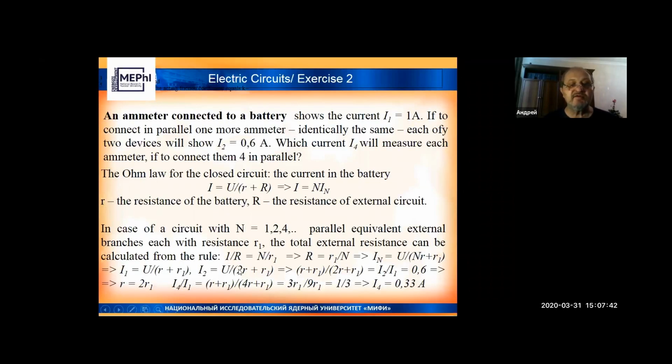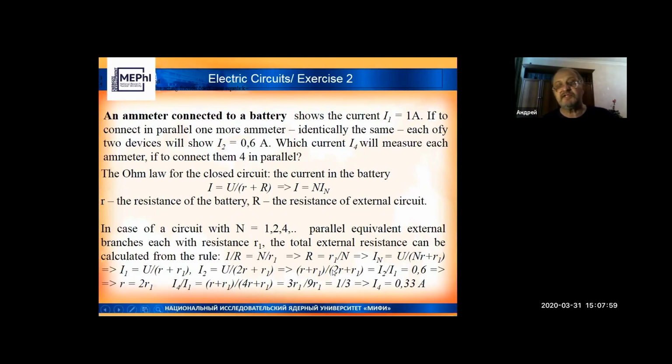Now I may take the ratio of currents, for example, I2 and I1. It will be equal to the ratio of resistances. And out of this equation, I know the ratio of the currents is 0.6.